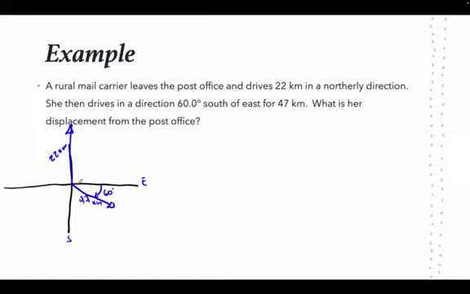This is going to have a horizontal component, which is going to be equal to 47 cosine 60, and a vertical component, which is going to be equal to 47 sine 60. I take my calculator and I find these values right here.